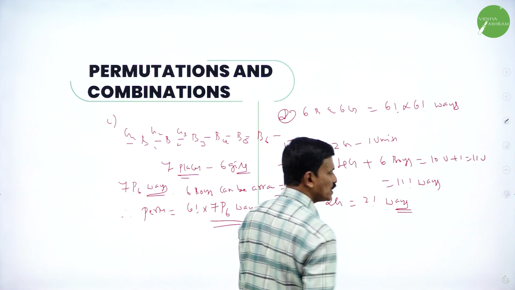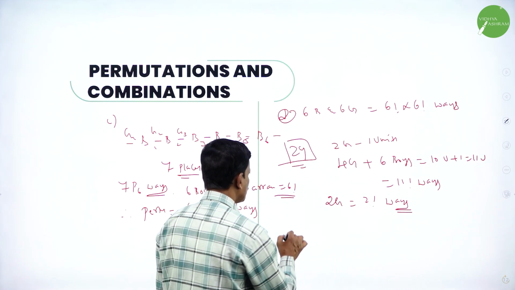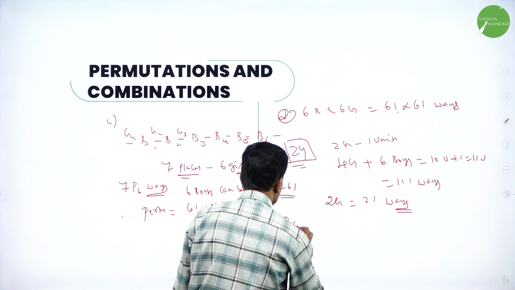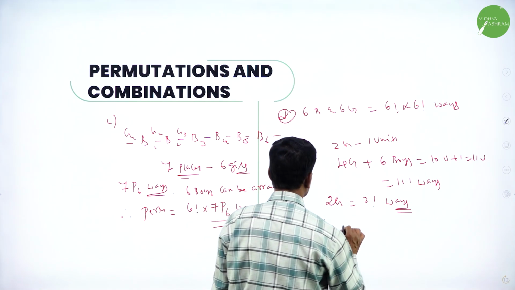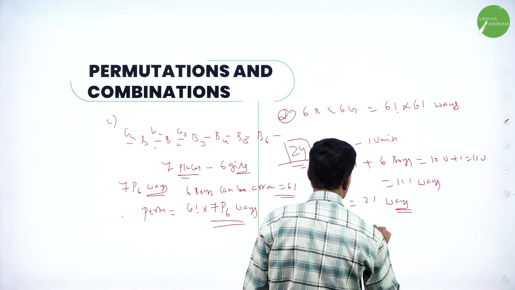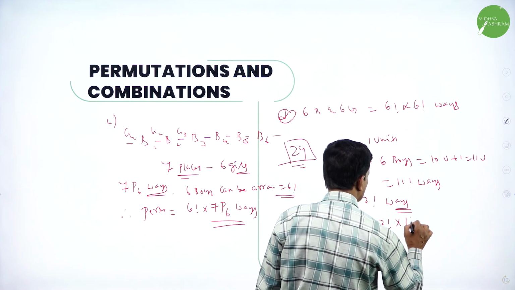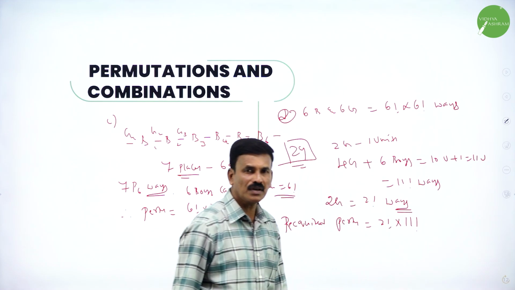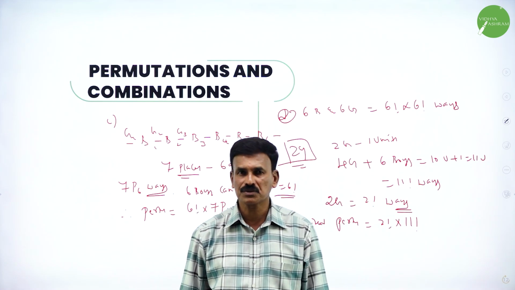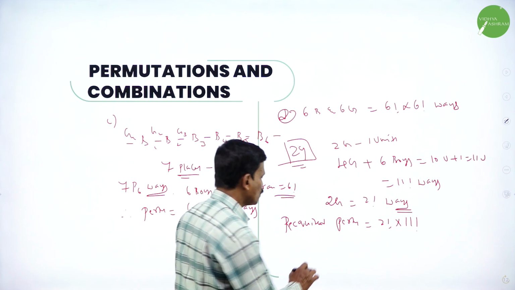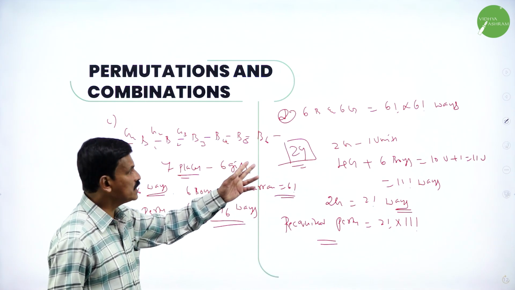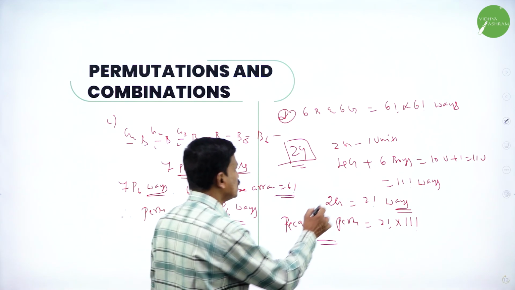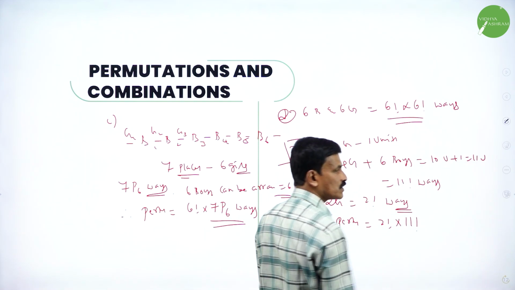Now therefore, what is the required permutation? The required permutation is equal to 2 factorial into 11 factorial. So this is how we are going to solve the problem. The fourth condition, 6 boys and 6 girls can be arranged in 6 factorial into 6 factorial ways.